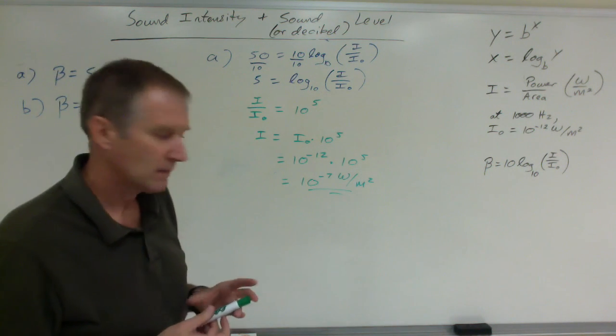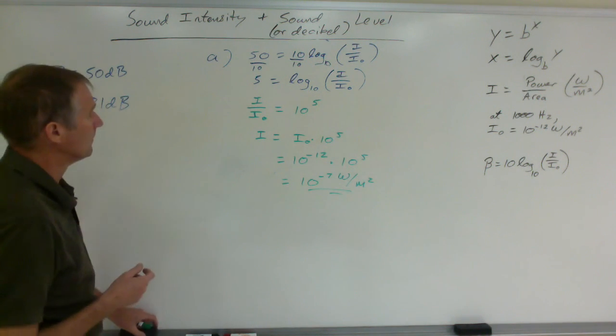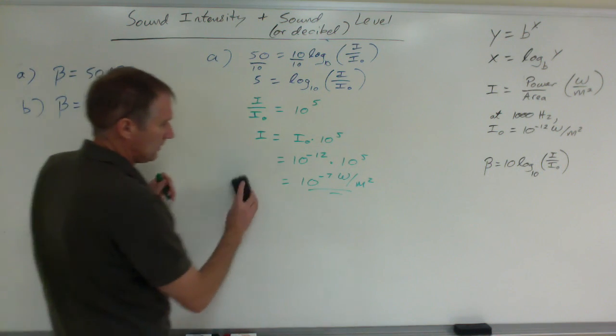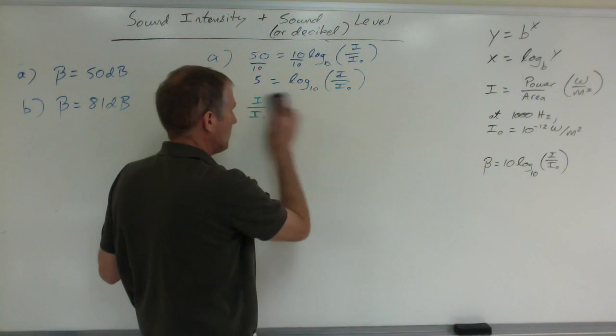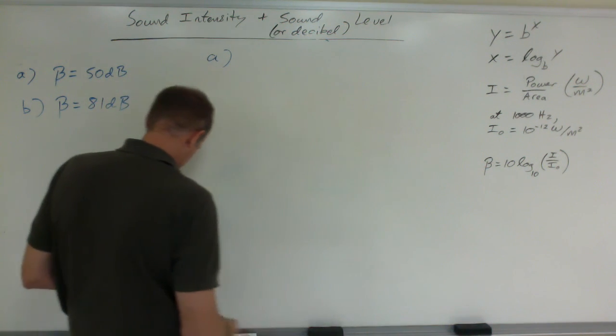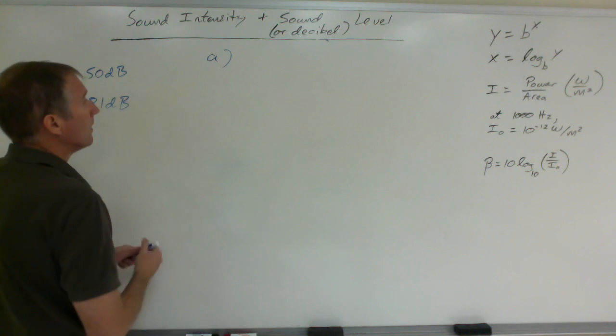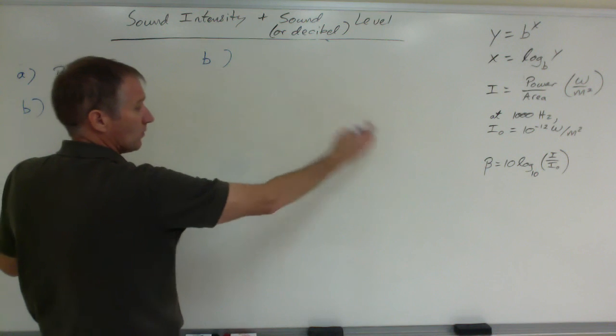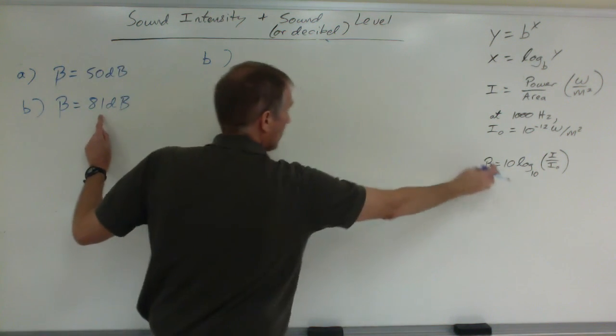Okay. Now let's just continue on. I'm going to erase this and do part B. Just a tiny bit harder, because there's one extra step. Part B. Write out the equation. Beta is 81.